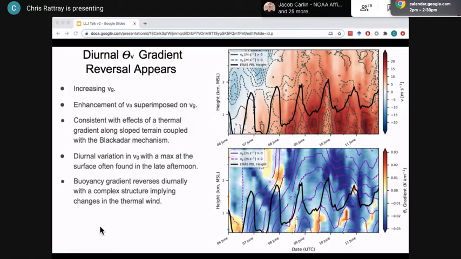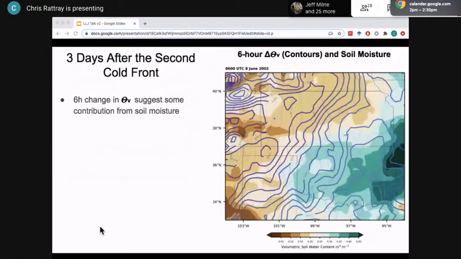So to understand what's driving the reversal, we look at soil moisture and theta V. Now this plot is showing soil moisture like before, except now the contours are showing the difference in surface theta V between 6 and 0 UTC.